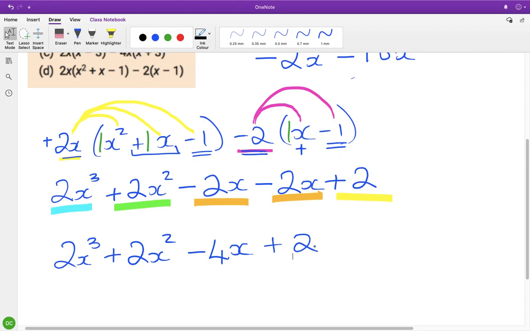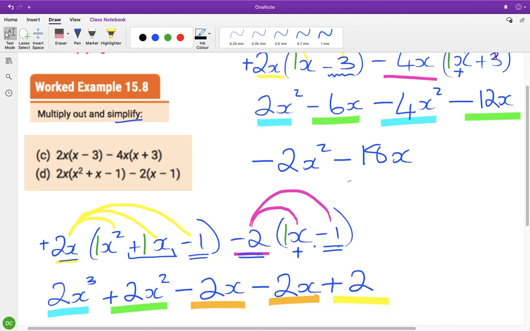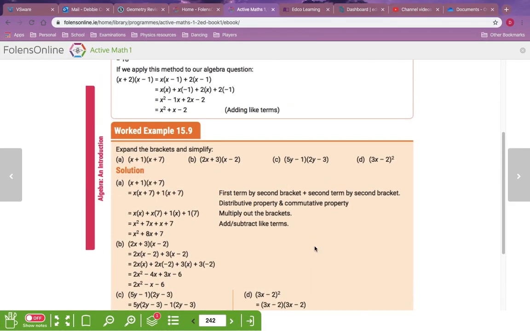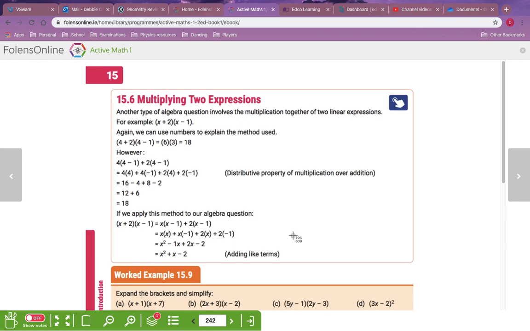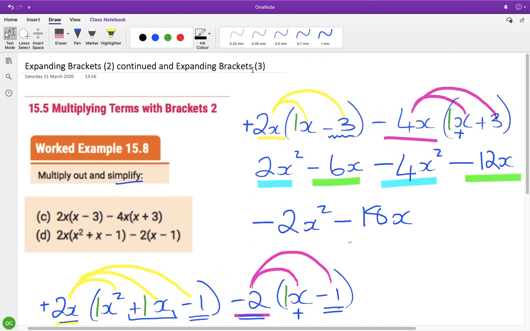Okay, so that is kind of an extension of what we did on Friday, where I think you can use the exact same processes and the exact same maths to do it. Now, this is moving into what I'm calling up here, expanding brackets 3.